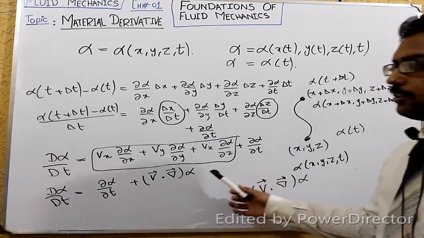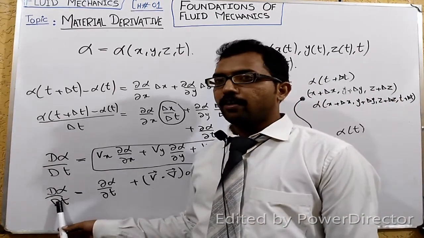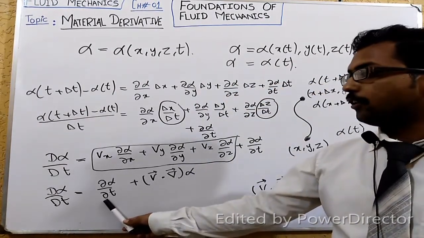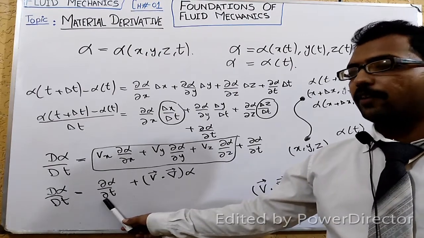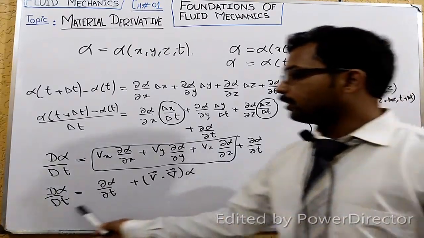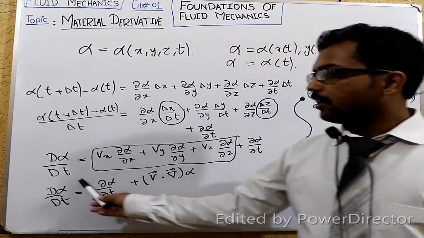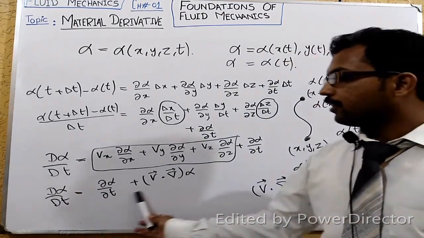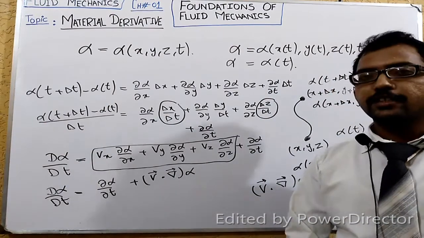Now the left hand side is called the Lagrangian derivative of alpha, as we already know, and the whole right hand side is called the Eulerian derivative of alpha. So this is the equation that relates the derivatives in the Lagrangian coordinate system and the derivatives in the Eulerian coordinate system.